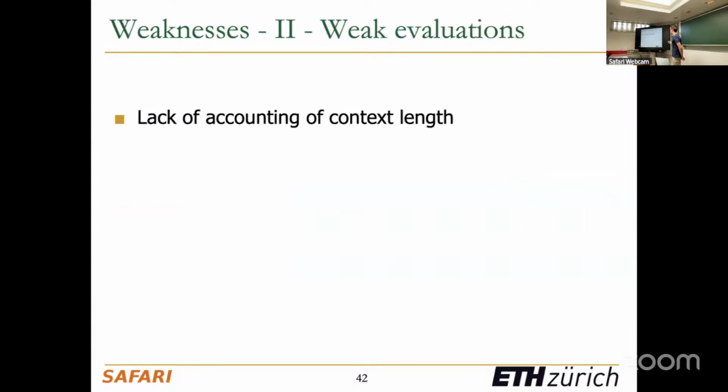Also, in the evaluation, there is a lack of accounting for context length. When you are running with very long context length, the keys and the values you are storing in the DRAM become a huge bottleneck on the bandwidth. You have to read through them a lot, and since you have to go through every layer multiple times per second, it becomes prohibitively expensive.